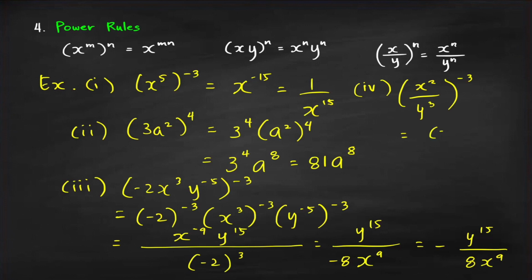So we get here x squared raised to negative 3 over y cubed raised to negative 3. And applying the first power rule to both the numerator and denominator, we'll get here x to the negative 6 over y raised to negative 9. Again, we don't want negative powers, so we write this down as y raised to 9 over x raised to 6.